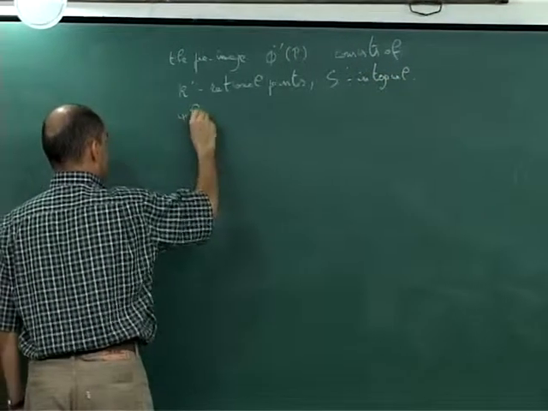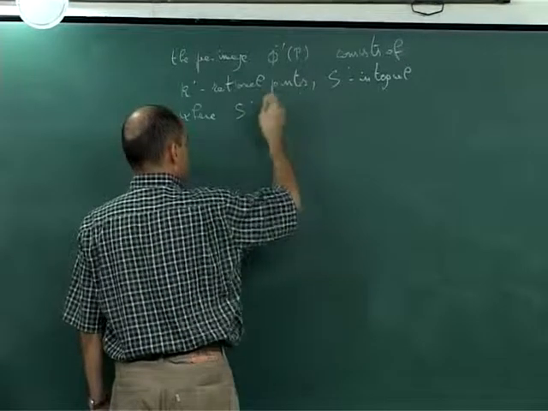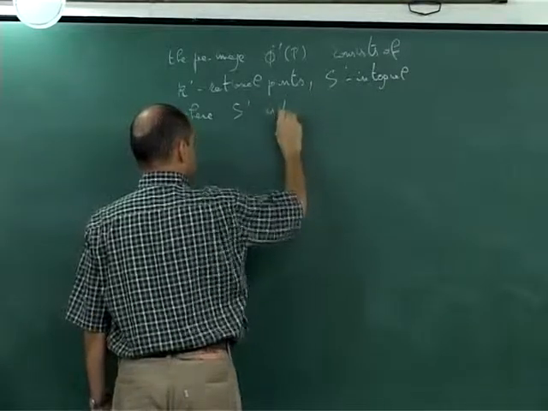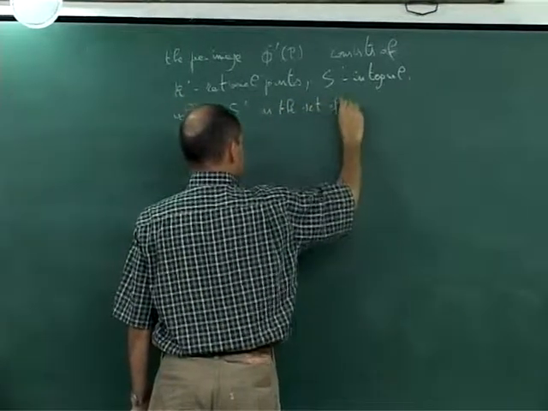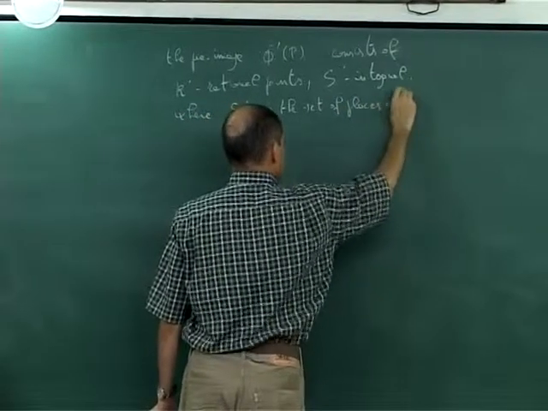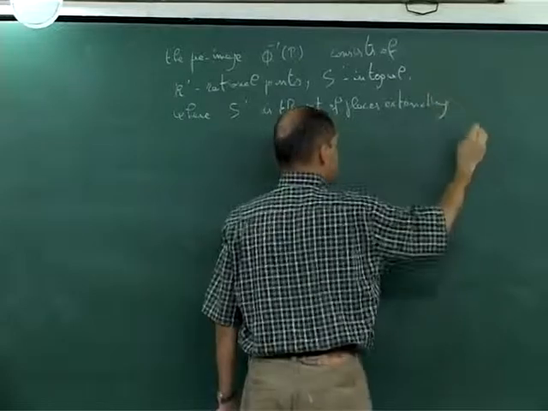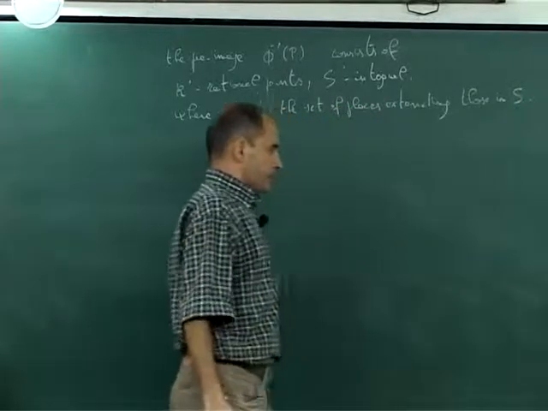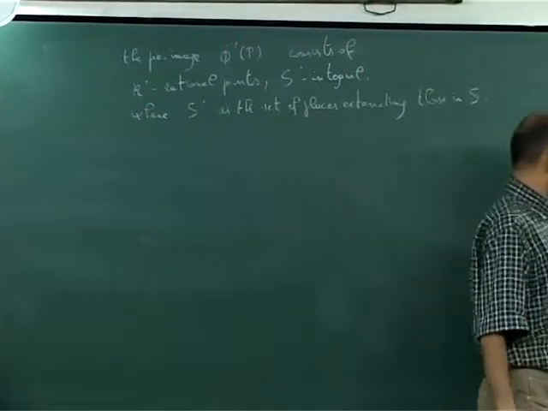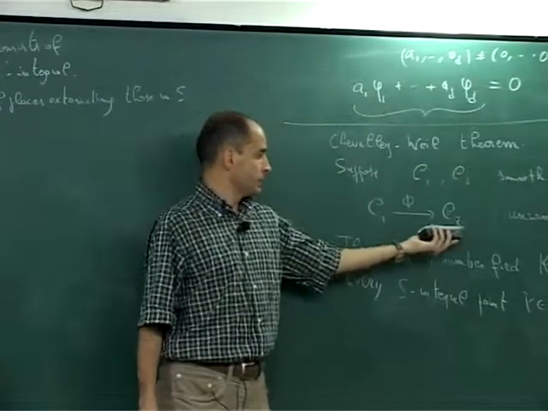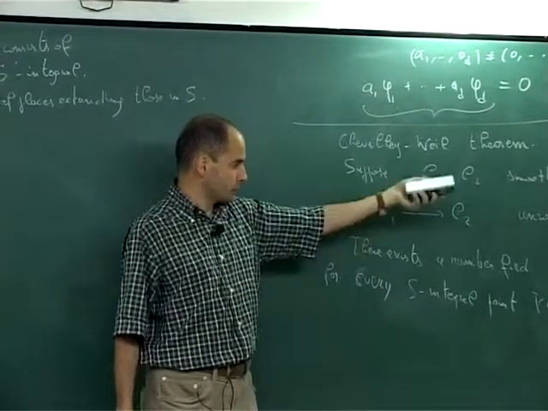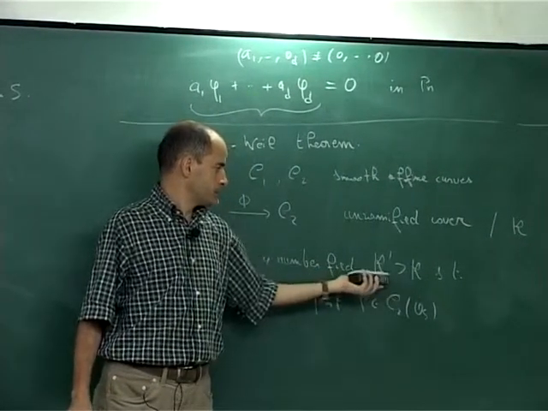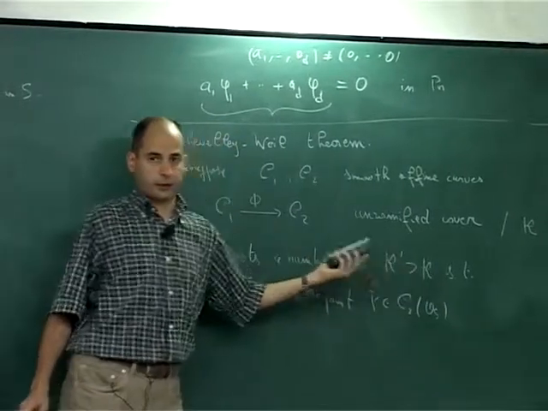Well, S prime is the set of places extending those in S. So basically S integral points here provide S prime integral points here, up to enlarging the field of rationality and the ring of S integers.